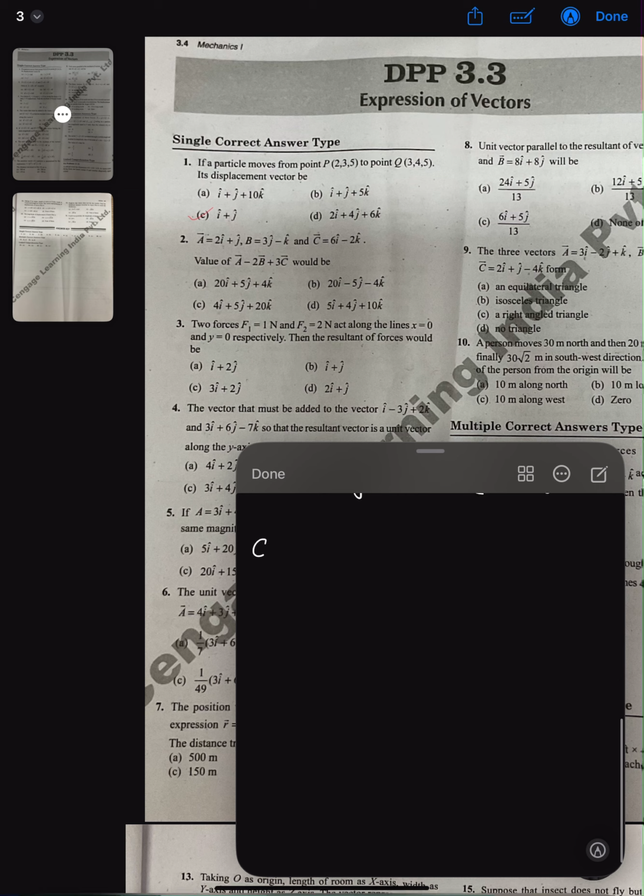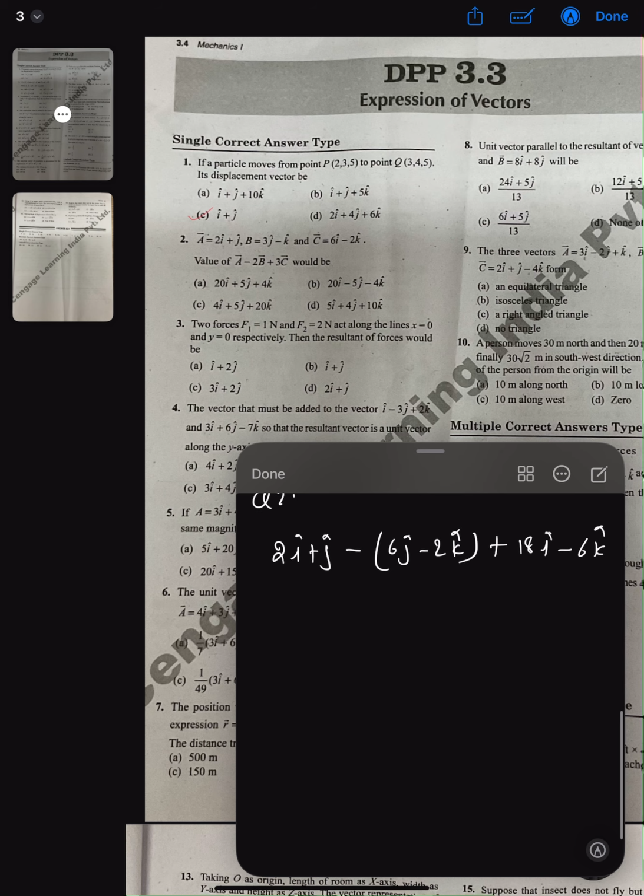Question 2. A vector, B vector and C vector, value of A minus 2B plus 3C. Chalo, write what will be A? A is 2i cap plus j cap, minus 2B. What will be 2B? 6j cap minus 2k cap, plus 3C. 3C will be 18i cap minus 6k cap.